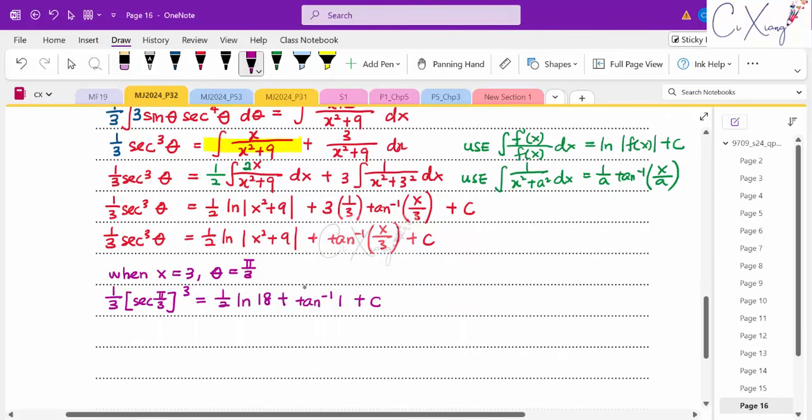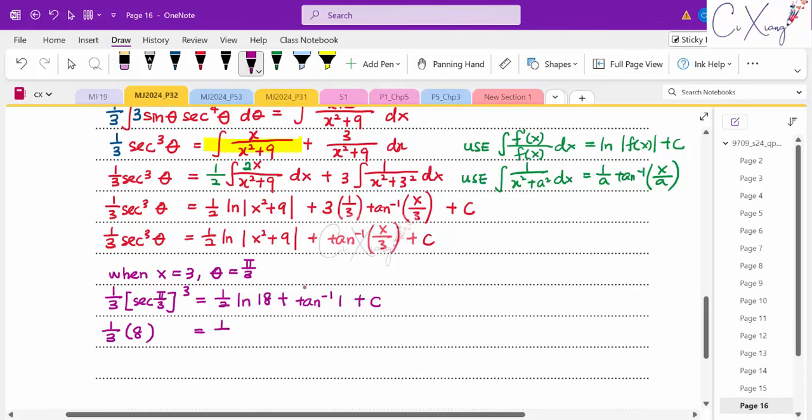What's the value for secant pi over 3? That is 1 over cos pi over 3. Cos pi over 3 means cos 60 degrees, it is a half. So 1 over half means 2, and 2 power 3 means 8.